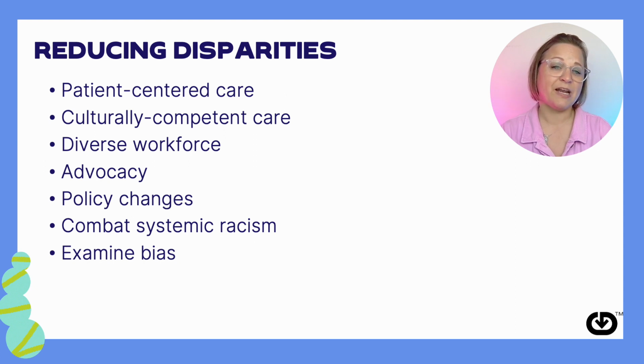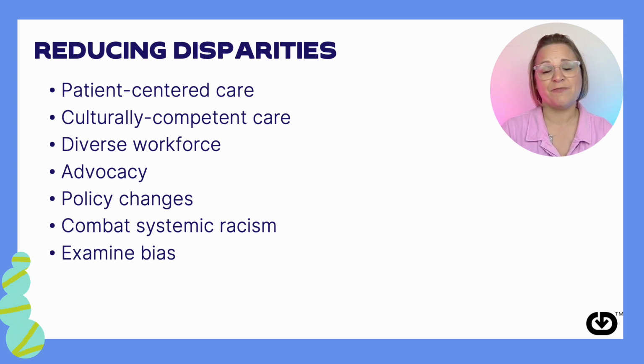It also means providing culturally competent care, taking into the perspective all of the patient's values and beliefs and spiritual understandings that make up who they are and the things that are important to them. Having a diverse workforce so that patients can see people who look like them when they're providing care helps develop trust and builds rapport.